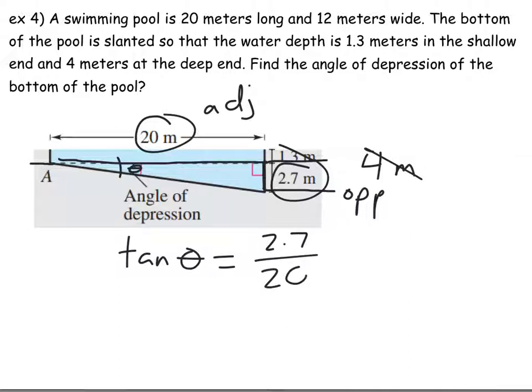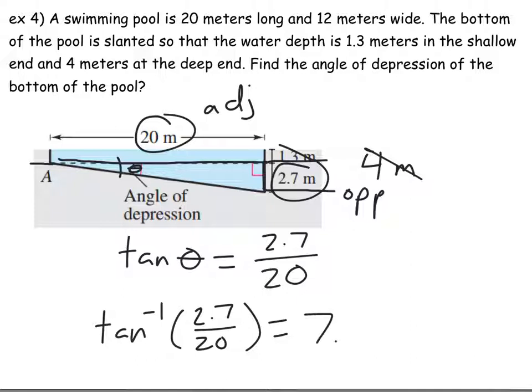As always when you take the inverse, we talked through that in section 7, how you have to be a little bit tricky as to which answer you give. These application problems always put you in quadrant 1, so you never have to worry about that. You would be good to go to your calculator and just say, tell me inverse tangent of 2.7 over 20.